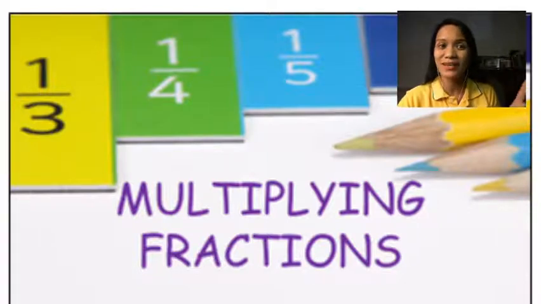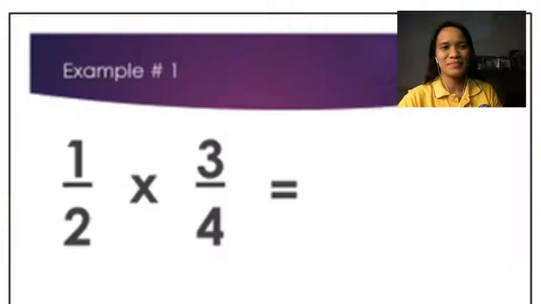You see, multiplying fractions are just simply division problems. That means if I have the problem 1/2 times 3/4, it's the same as the problem 1 divided by 2 times 3 divided by 4. Notice that both multiplication and division are in the same problem.